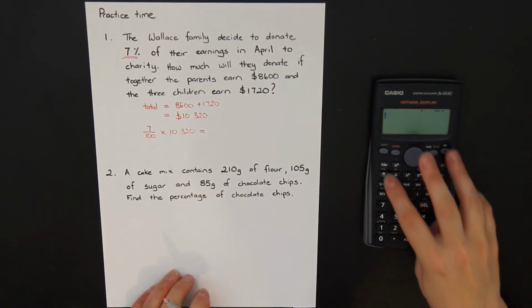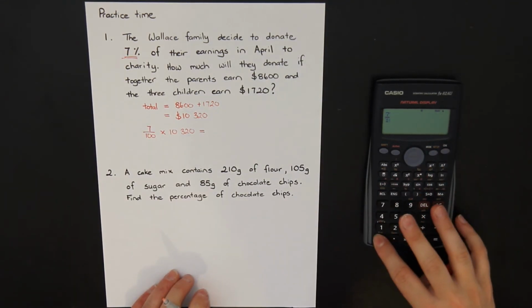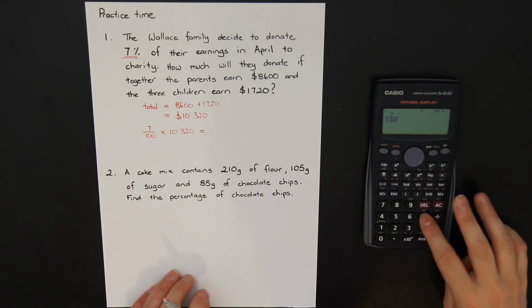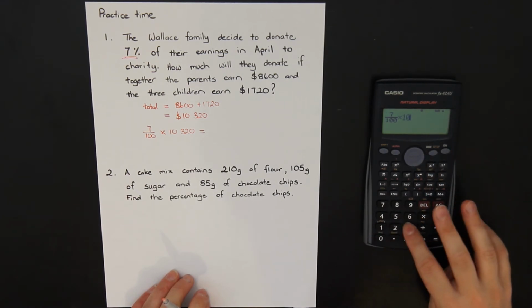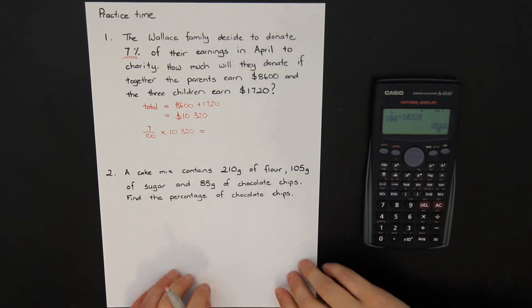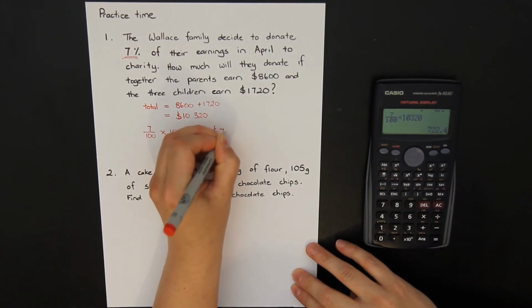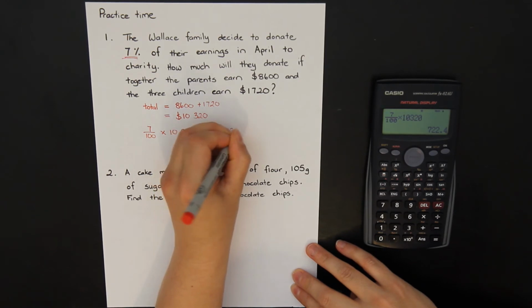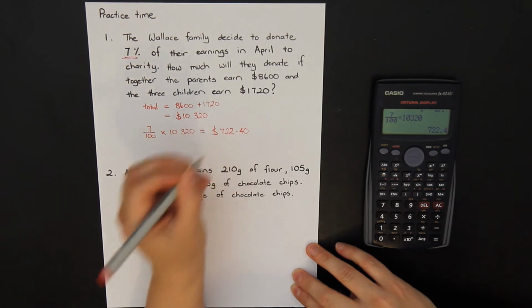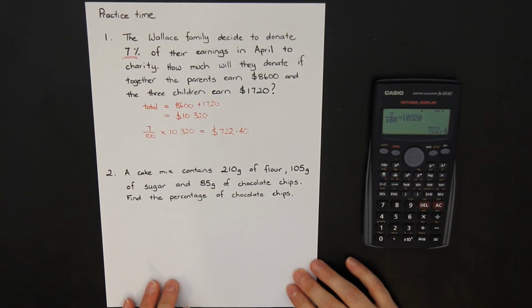And we calculate 7 over 100 times by 10,320. As a decimal, they are going to donate $722.40 to charity. Hopefully you got that.